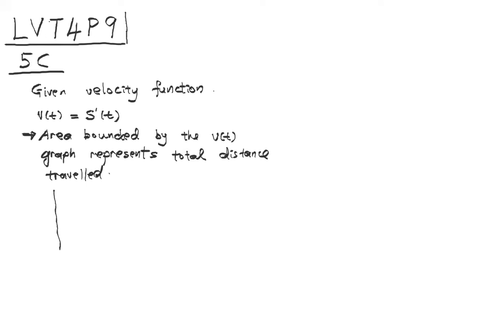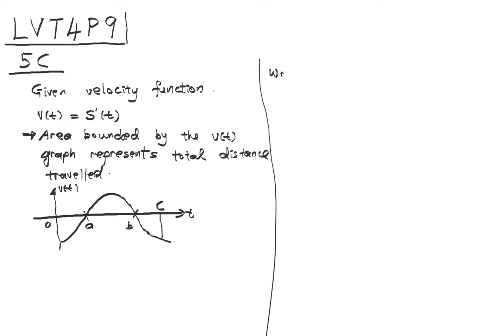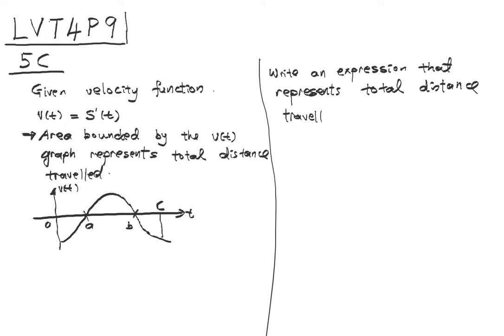So if I give you a velocity time graph like that, with points A, B, then here is C, and I ask you to write an expression that represents the total distance traveled in the first C seconds, how will you do it?